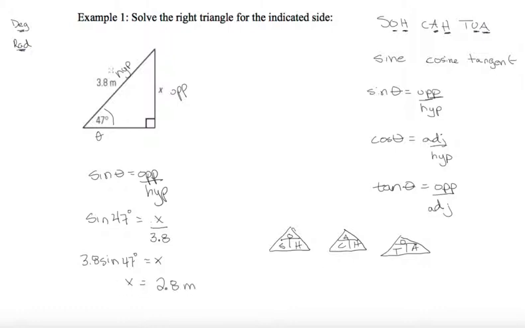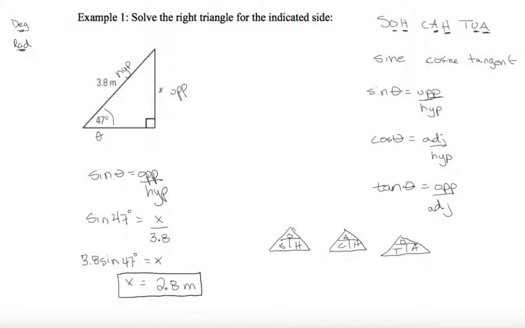Make sure if they're given units that you have your answer in units. So this is your answer right here. If you did not get 2.8 on your calculator, you need to check, first of all, to make sure you're in degrees and not radians. And secondly, to make sure that you are inputting it properly with your sine function. These are things you're going to have to learn, how your calculator works, to make it work.